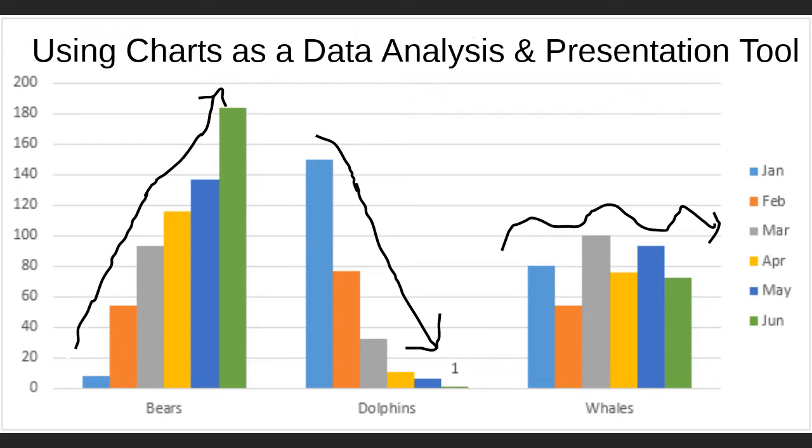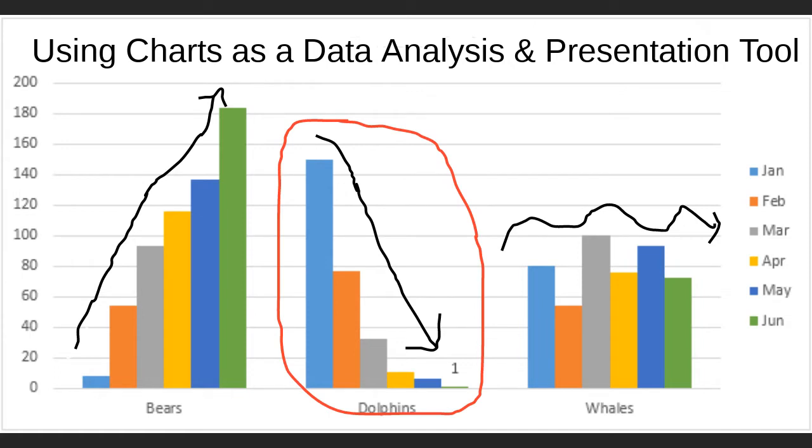For example, if somebody wants to understand which species are the most endangered out of bears, dolphins, and whales, just by looking at the diagram, you will be able to spot that we need to focus more on protecting dolphins.